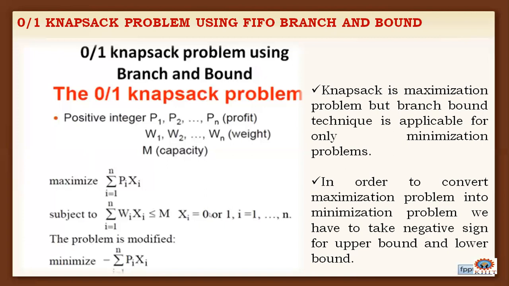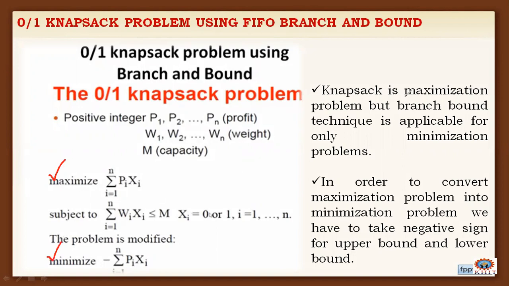If you want to solve it by using the branch and bound technique, you simply do some modifications. What is the modification? You need to convert the maximization problem into a minimization problem.